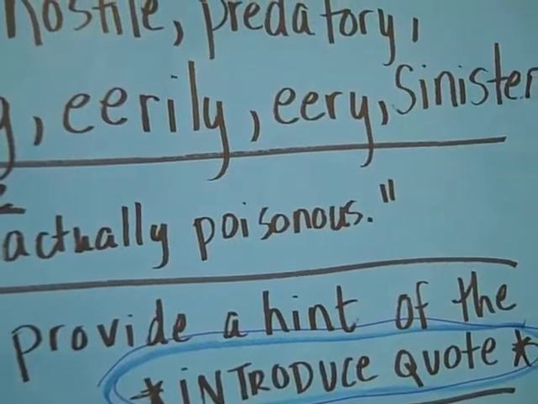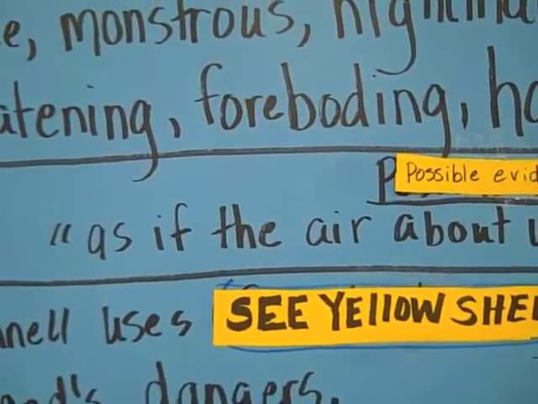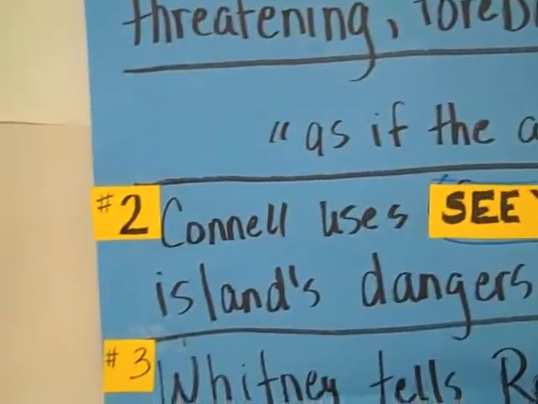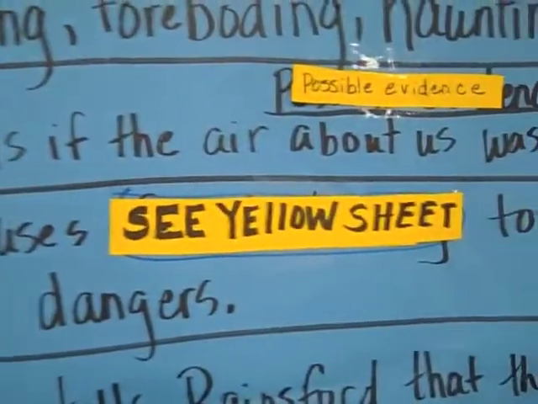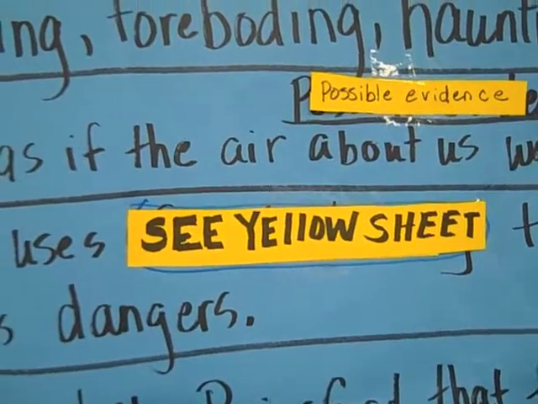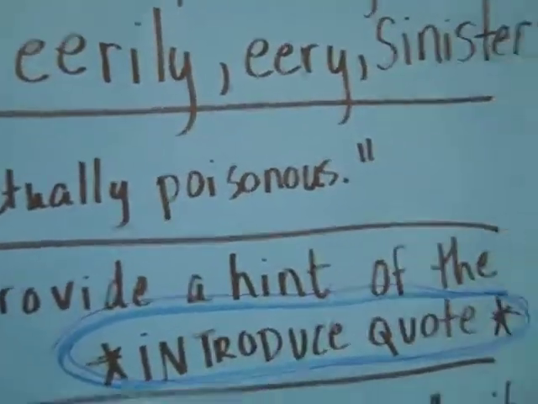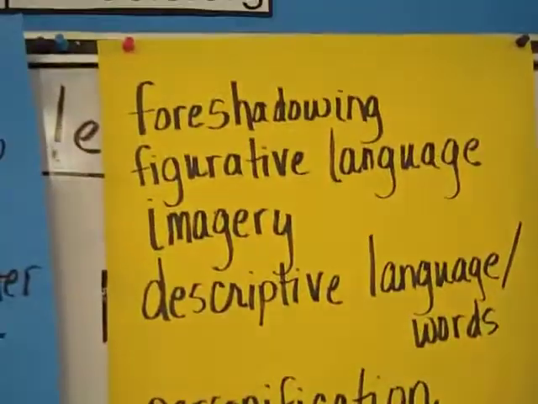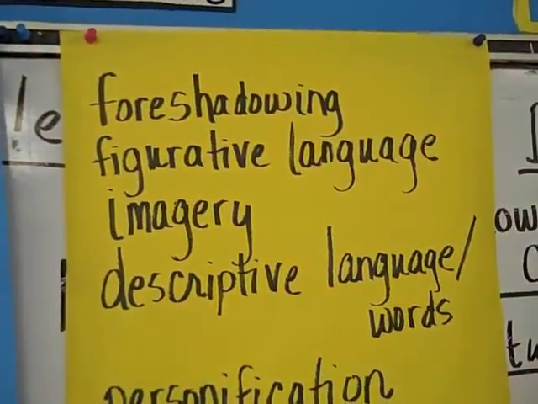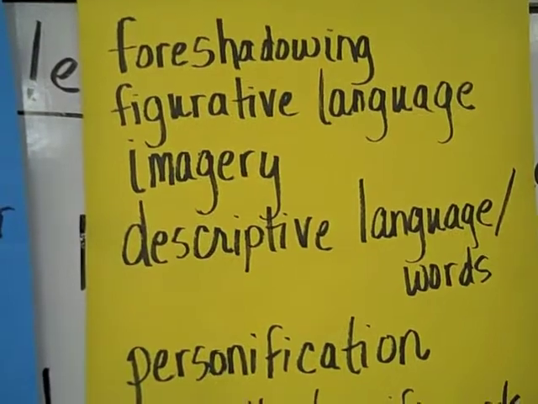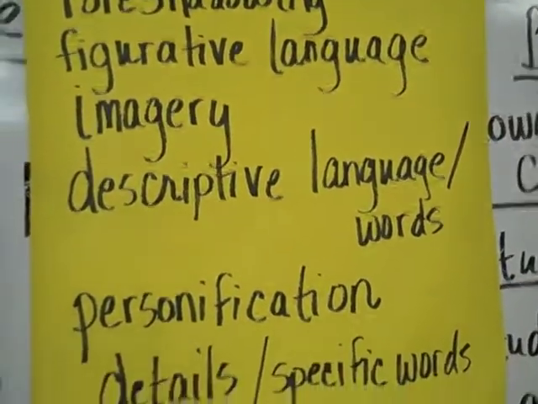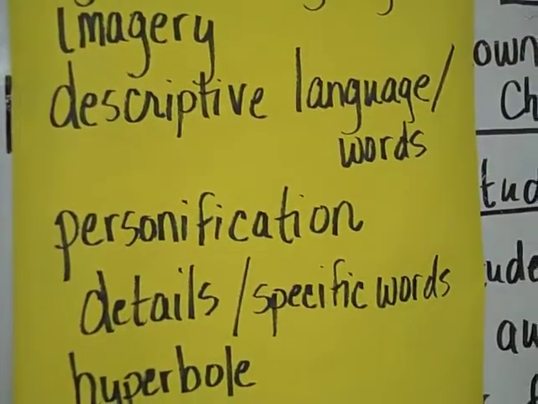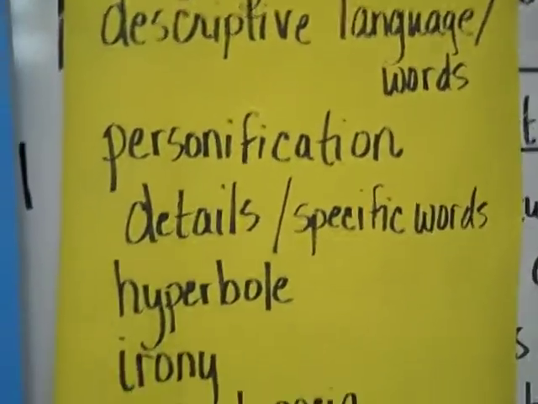Now you can introduce it. If you have not picked the evidence, it's impossible to write the second sentence. Let's look at the second sentence. Connell uses, and I said see yellow sheet because you guys referred to this quote as many different things. You could have called it foreshadowing, figurative language, imagery, descriptive language, word choice, personification, detail, specific words, hyperbole.